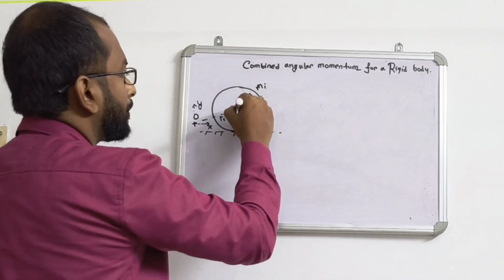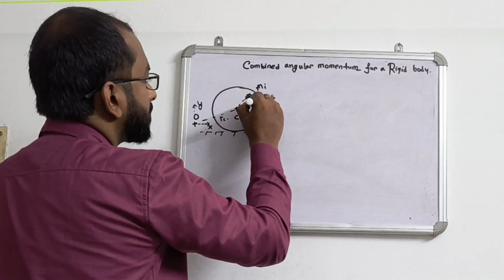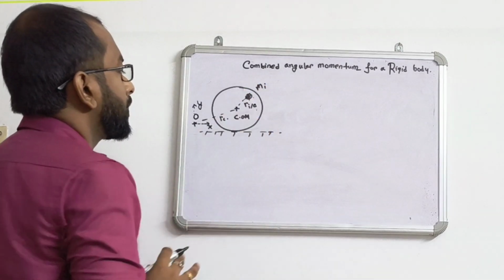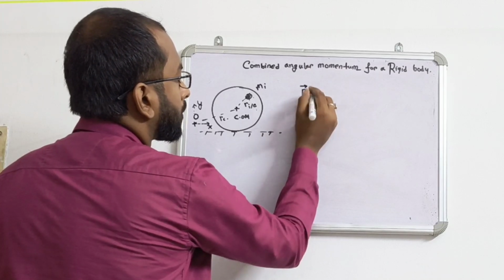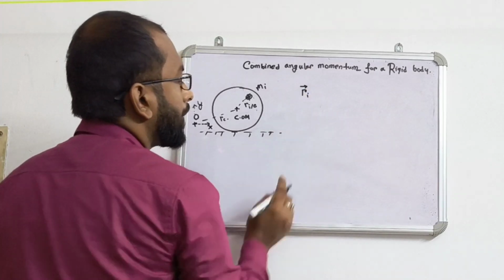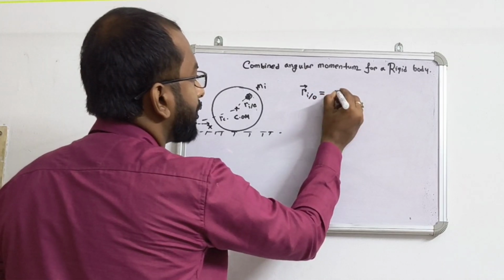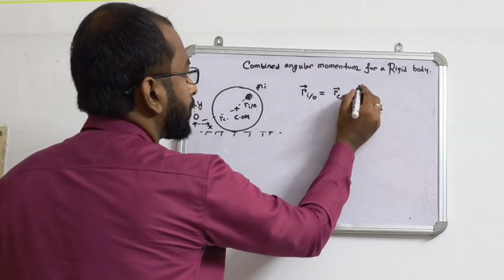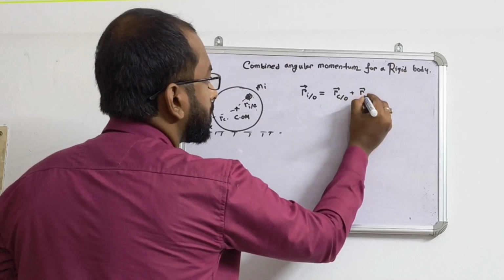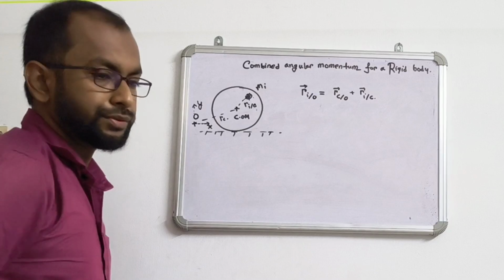And with respect to center of mass, the distance for this ith mass is Ri with respect to C. So R for this ith mass with respect to the origin is going to be the vector sum of center with respect to the origin plus Ri with respect to the center. That is purely vector addition.